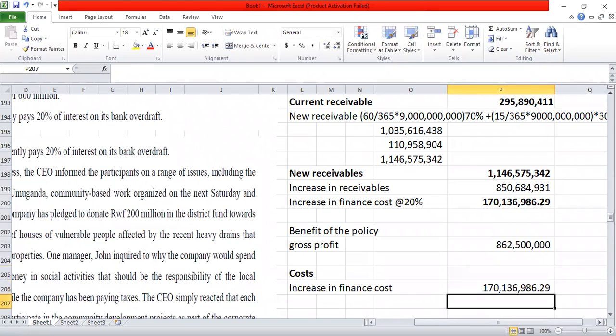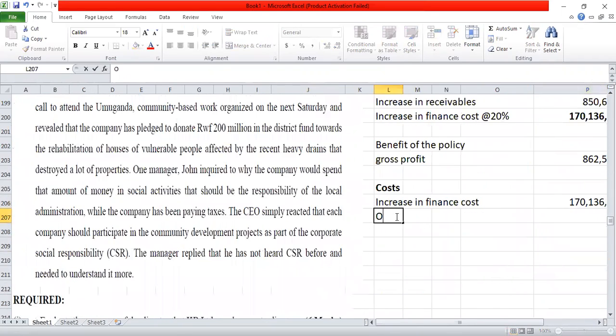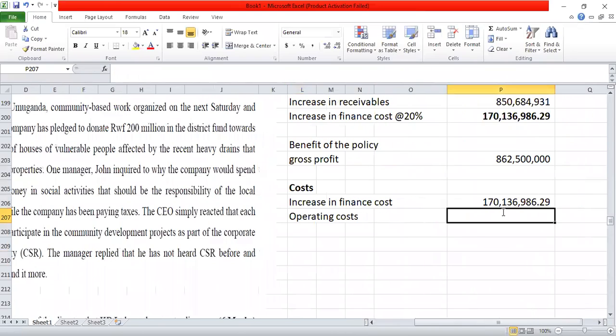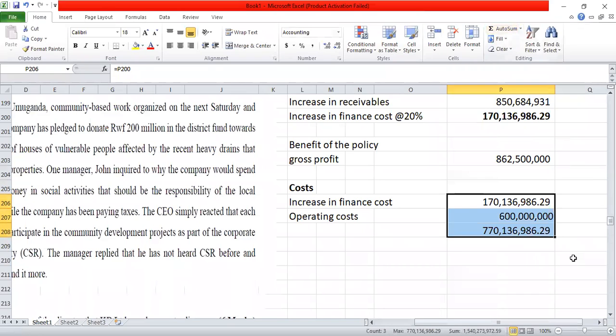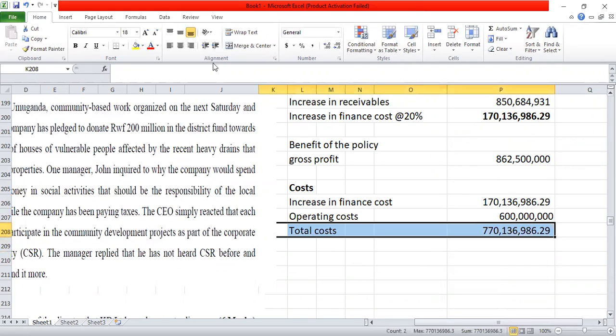But we also said we have an operating cost. If you remember, of 600 million, we have an increase in operating cost of 600. So our total cost becomes that. This is the total cost. So we are comparing this and this one.